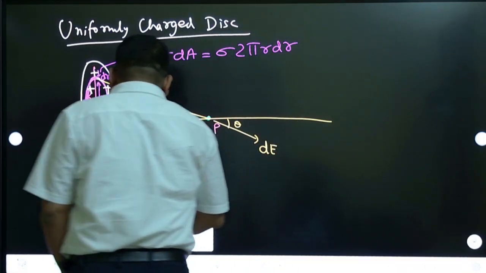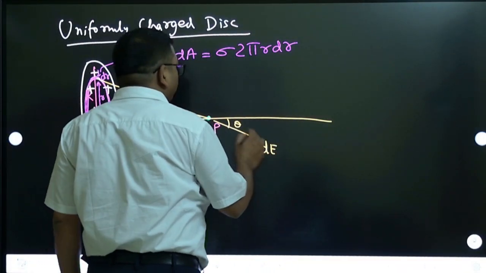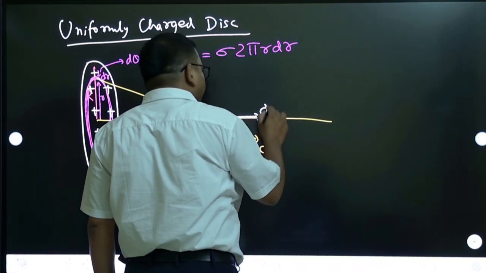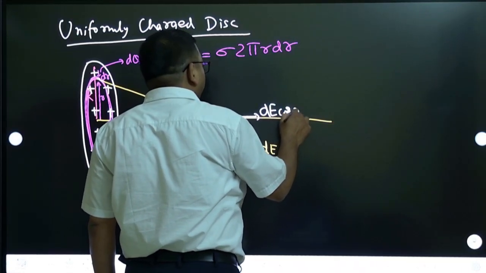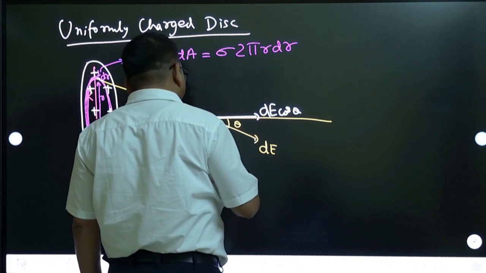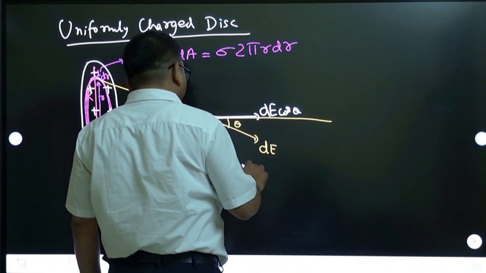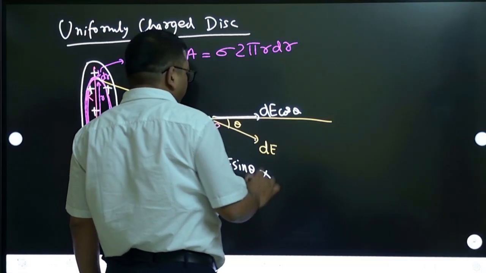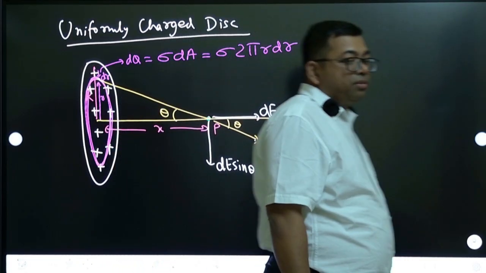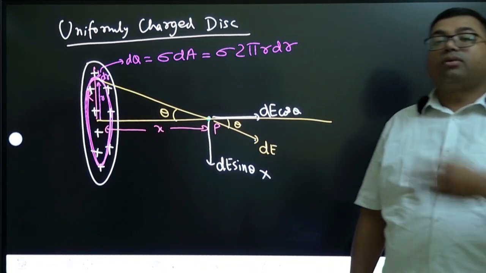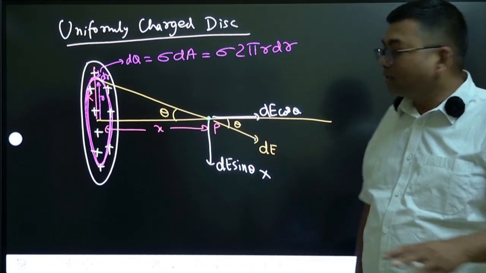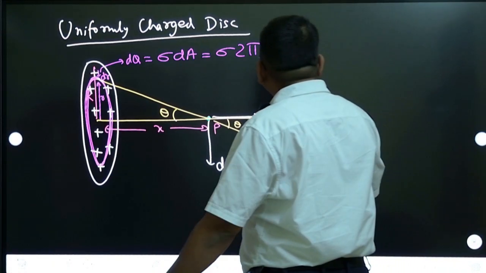We know only this horizontal component will remain, which you have to integrate, because the sine theta component will get cancelled. Due to a ring, only the horizontal component exists.